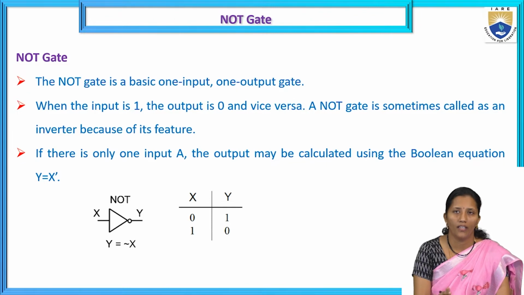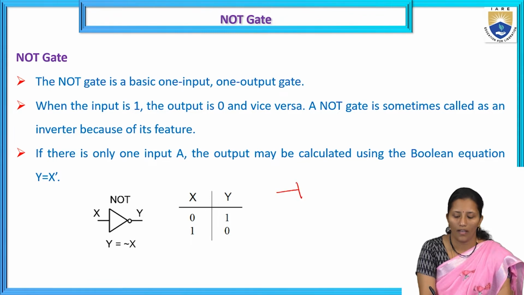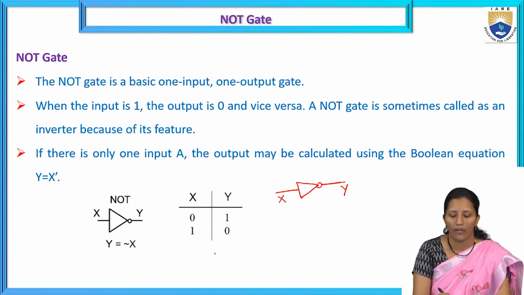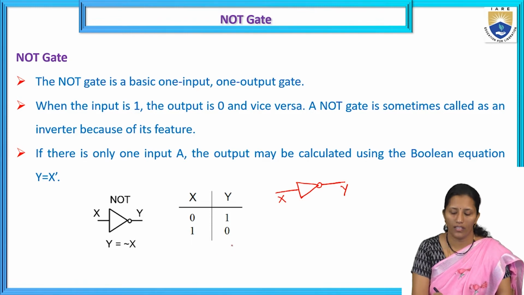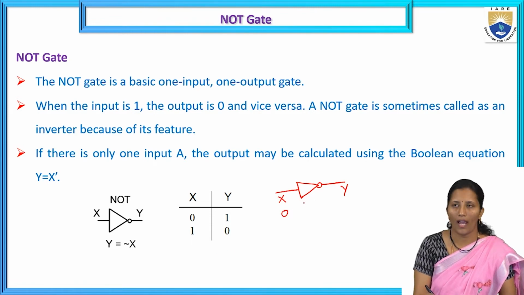So NOT gate. The NOT gate is a basic logic gate with one input and one output. The NOT gate is represented by this symbol. It will have only one input and only one output. So X is input here, Y is output. If we apply 0, the NOT gate will give output 1.